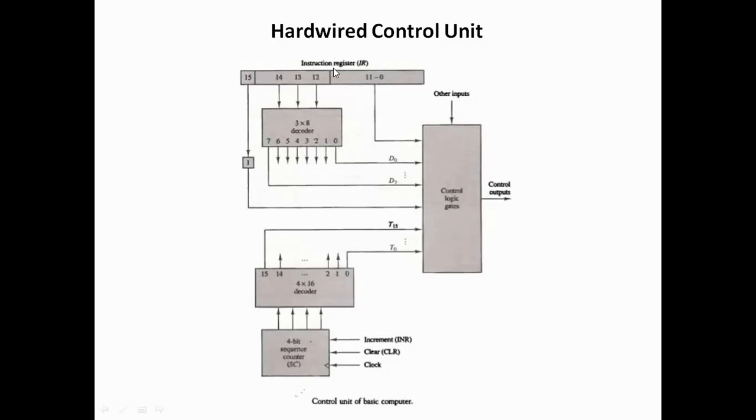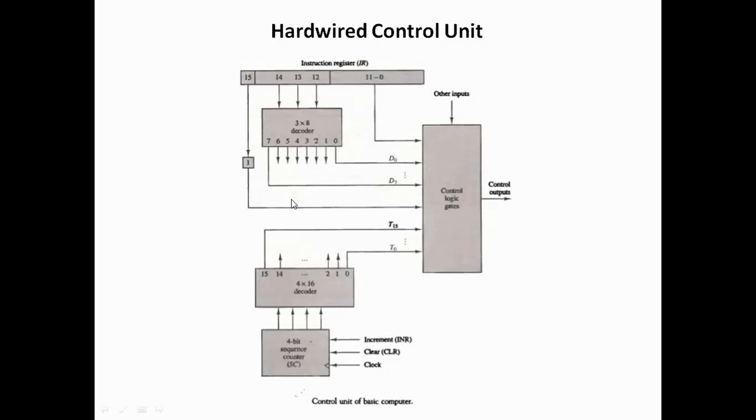So here you can see the instruction has come, it is here in the IR. Fine, it has been read from memory and it is in the instruction register, and the instruction consists of various parts. This is the address part, this is the opcode, and this is the I bit, which decides whether the address is a direct or an indirect address.